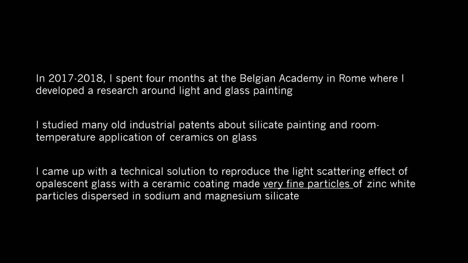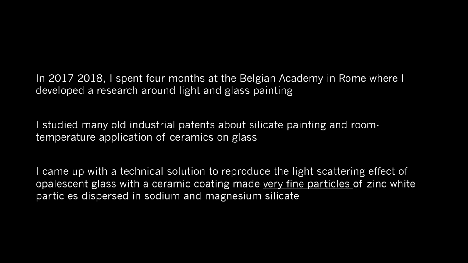In theory it was possible to paint directly on the glass and have something that is weatherproof and resistant to fading, etc. So I was very excited and started a research about that, and I came up with a technical solution to reproduce the property of the opalescent glass that I was showing before by just painting directly on the glass.